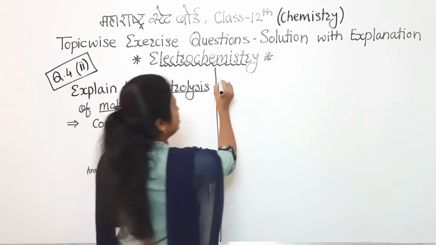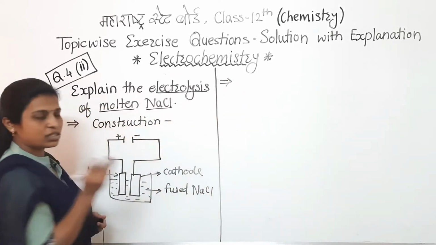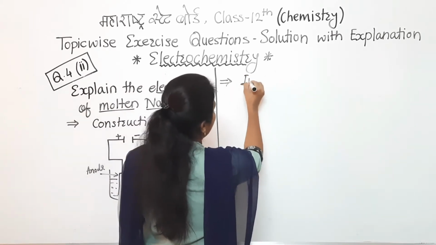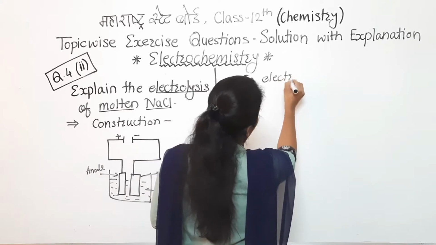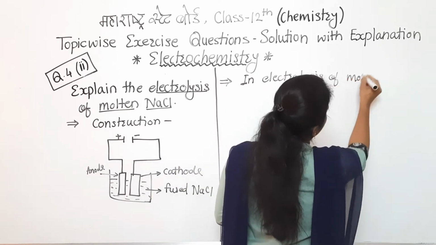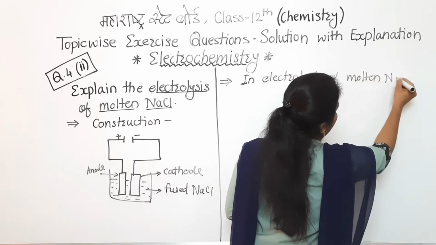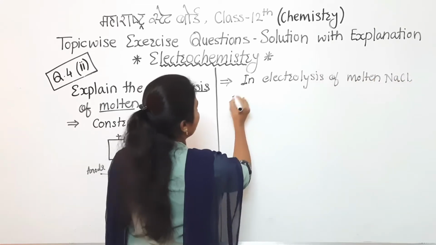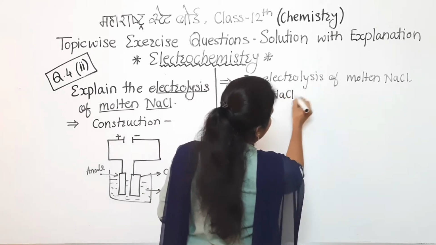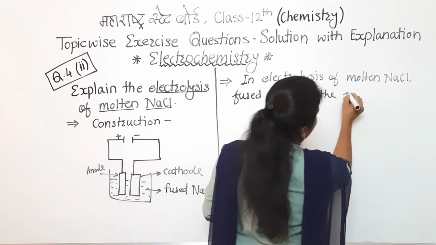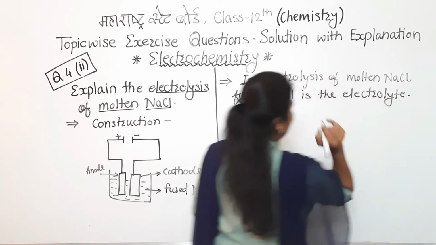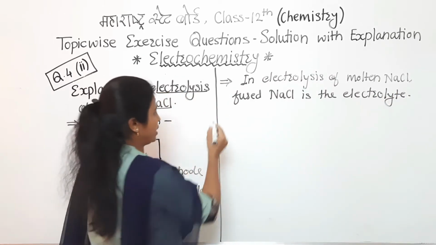Now we'll discuss how it will work, or just firstly we'll write a few points. So what is the first point here? In electrolysis of molten NaCl, fused NaCl is the electrolyte or electrolytic solution, we can say.